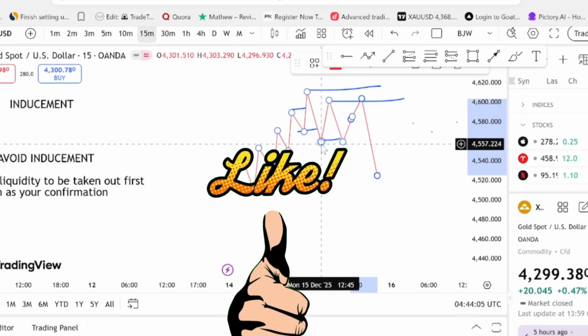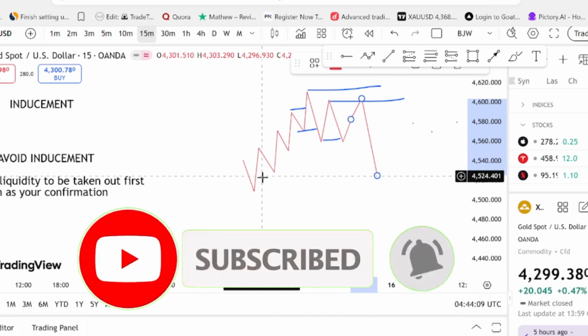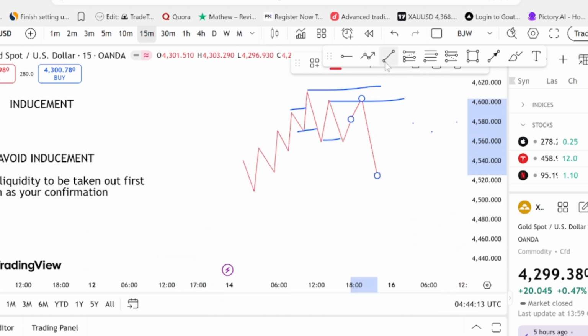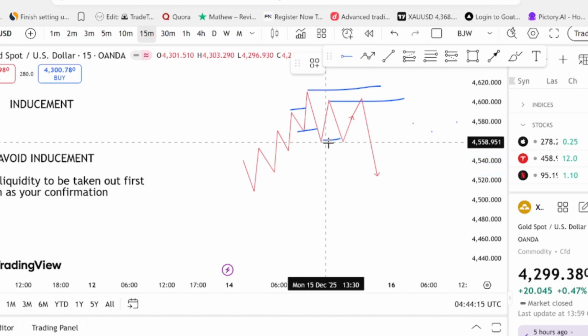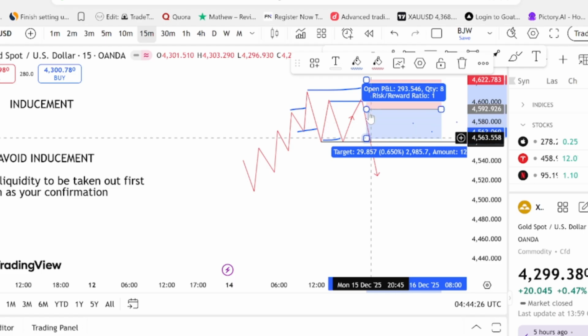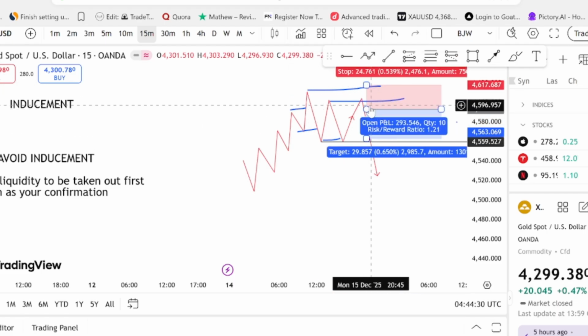Then you can either take out this low and make money, or you can look out for all other lows right here. But it's easy not to stay long in the market. You can just take out this low right here, and then you've made money, and that can give maybe 1:3, 1:2, 1:5, depending on where price is coming from. And this is how you make money from the market.